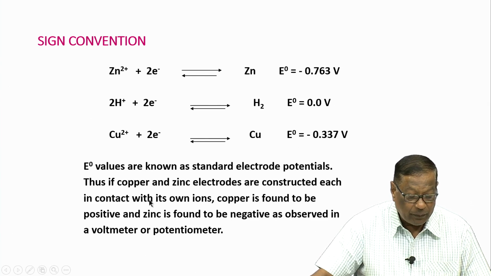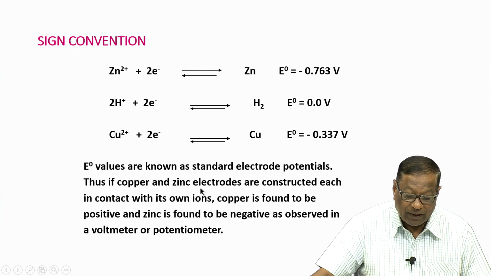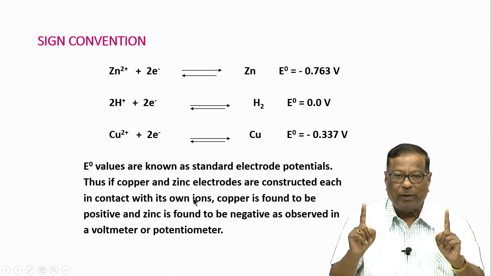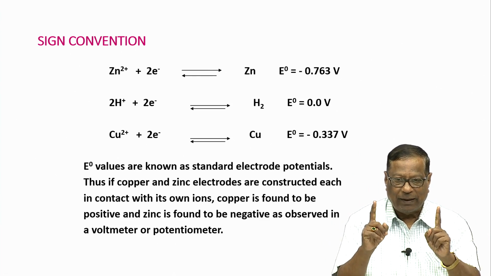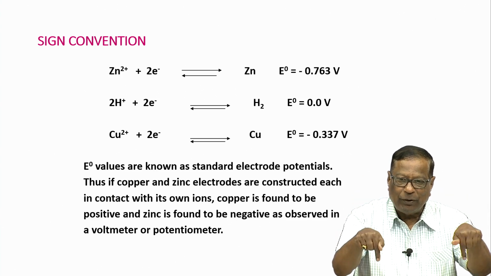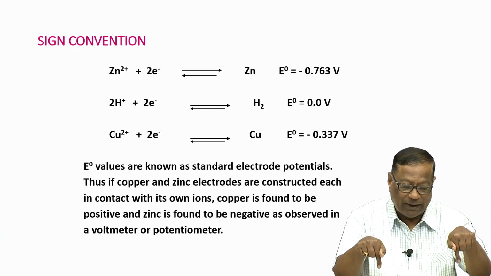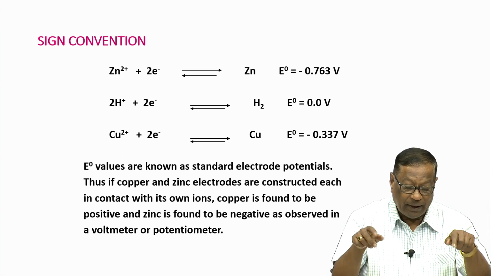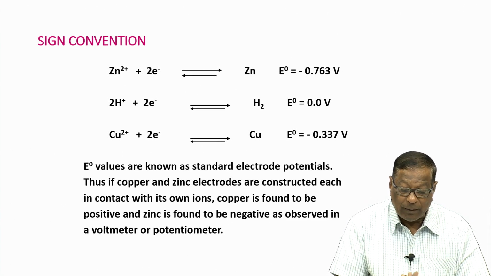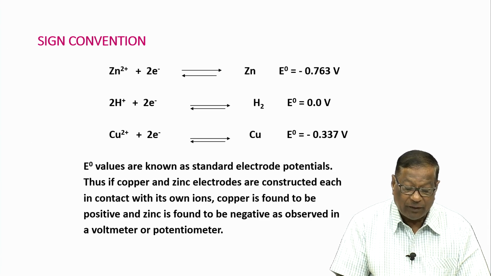If I take one copper electrode and one zinc electrode, put them in two beakers with their solutions, and connect them from outside, copper is found to be positive with respect to zinc.